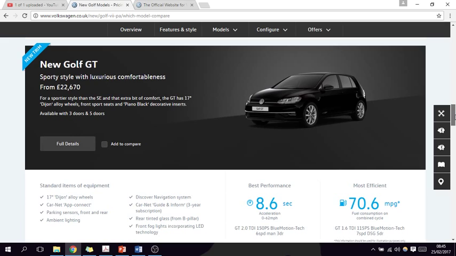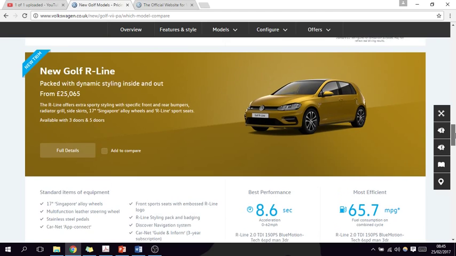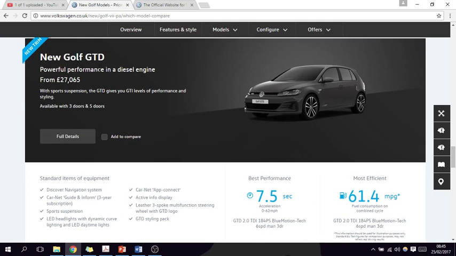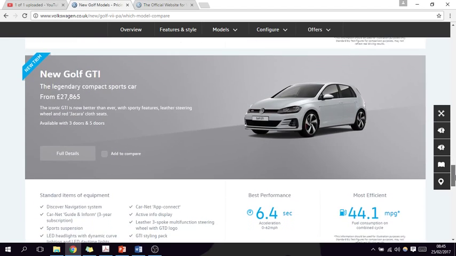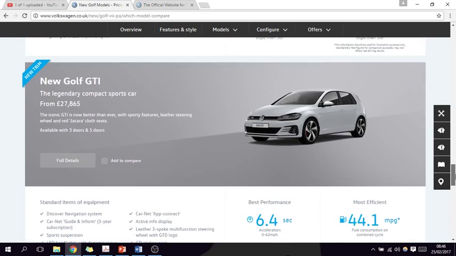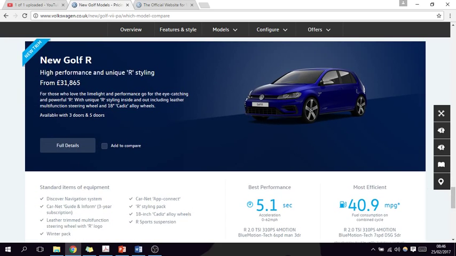A GT model, so sportier style, extra bit of comfort, alloy wheels, the Golf R line, dynamic styling inside and out, the GTD, which is a turbo diesel, GTI, which is the 2-litre injection engine. Really nice model car, I like that. And the top of the range is the Golf R.